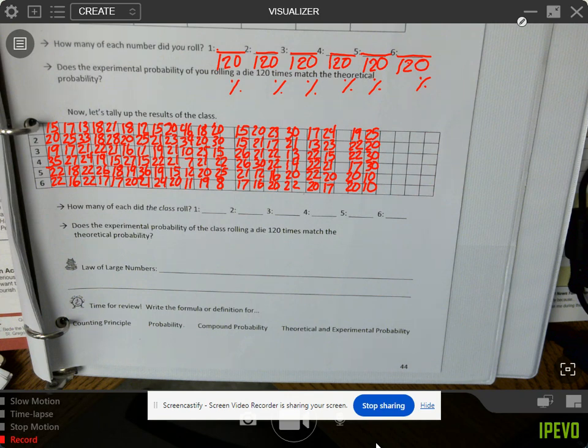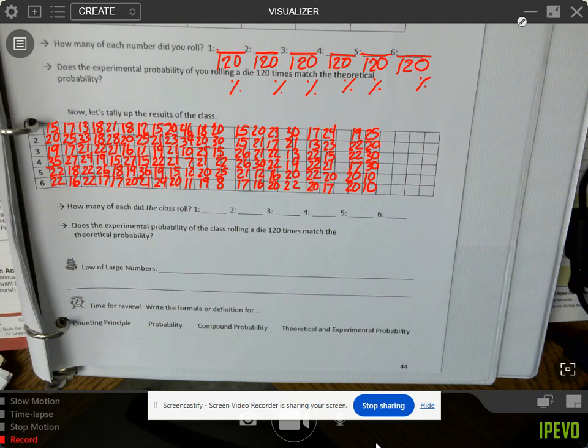So I'm adding 15 plus 17 plus 13 plus 18 plus 21 plus 18 plus 12 plus 15 plus 20 plus 46 plus 18 plus 20 plus 15 plus 20 plus 23 plus 30 plus 17 plus 24 plus 19 plus 25.